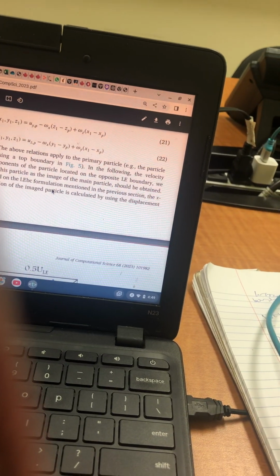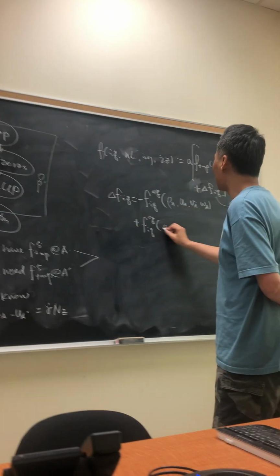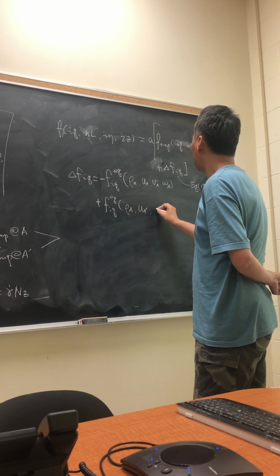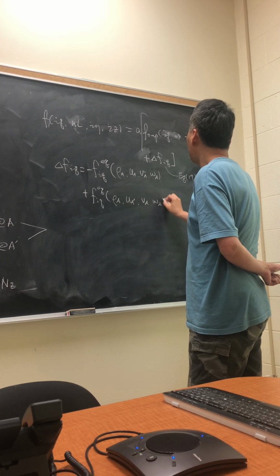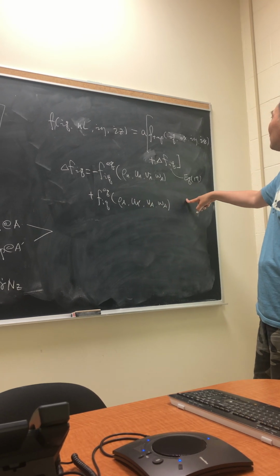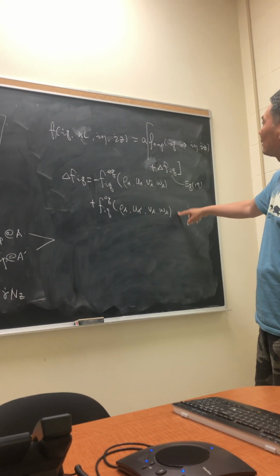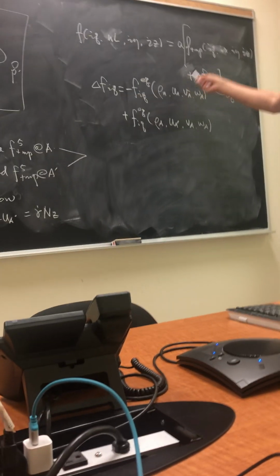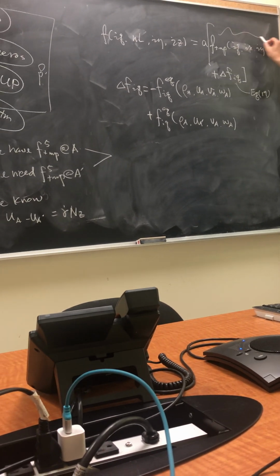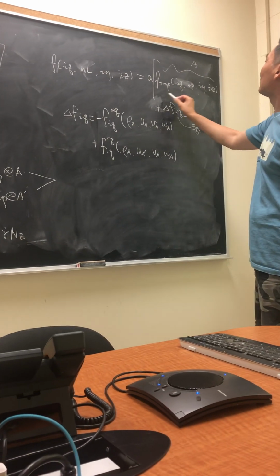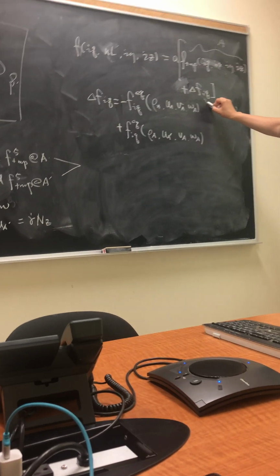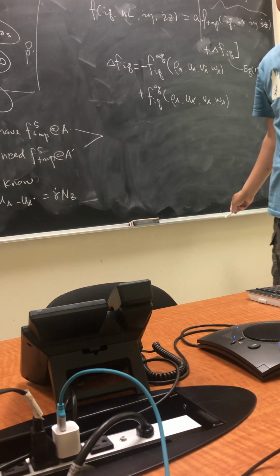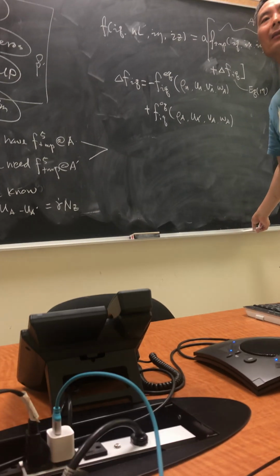Or, if I don't want to write that much, it is minus F IQ equilibrium calculated from rho A, U A prime, V A, W A. So it should be minus. The difference is A prime minus A, because this one is from point A, and this one will be from A prime. That is the same.